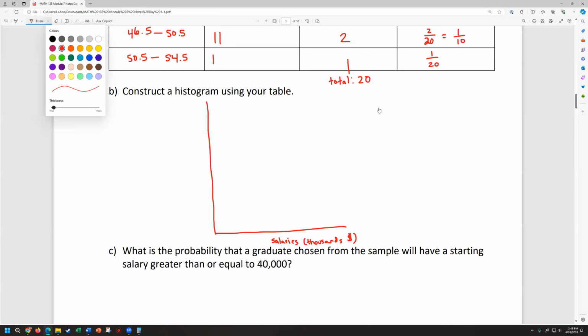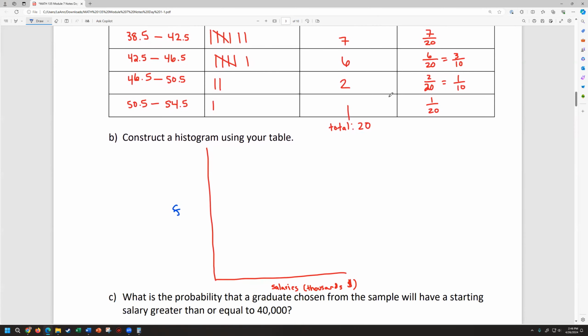The y-axis is always frequency when you're doing the histogram, or relative frequency. But since they asked me for the relative frequencies in fraction form, I really don't want to deal with that. I'm going to use frequencies. The highest frequency we had was 7, so I would probably just count by ones and make this equally spaced. So 1, 2, 3, 4, 5, 6, 7.